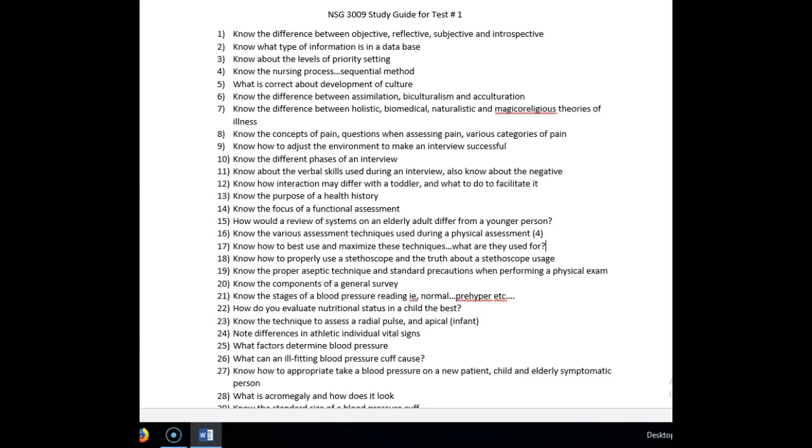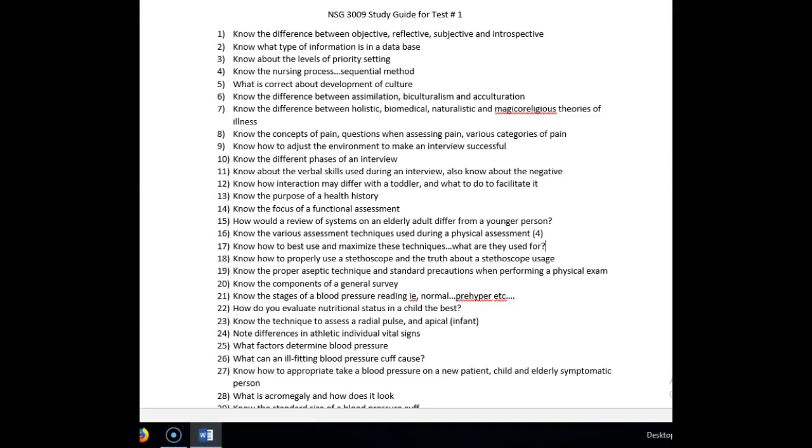I do want you to know about palpation, which is the sense of touch. Remember in lecture we talked about percussion, which depicts the location, size, and density of an organ. With palpation, you're looking for the turgor and texture of an organ.